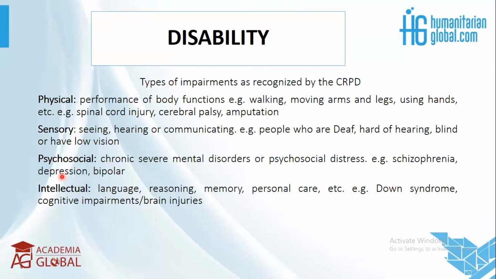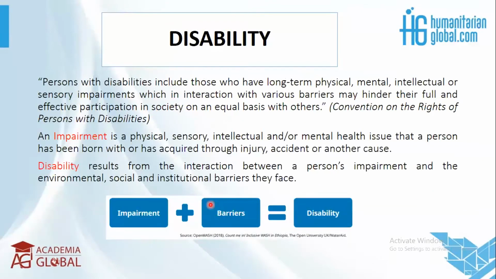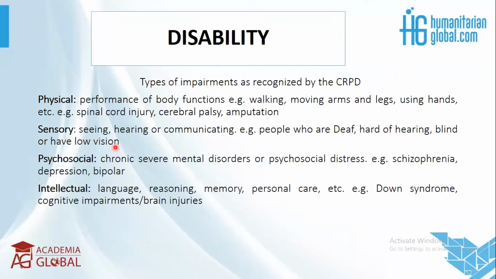These are individuals who sometimes have Down syndrome, cognitive impairments, or brain injuries. So there are many types of impairments. This is what we are unpacking here: impairments are in different categories. We have physical, sensory, psychosocial, and intellectual impairments.